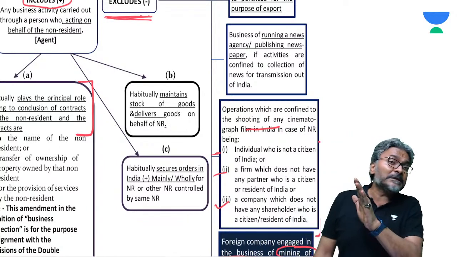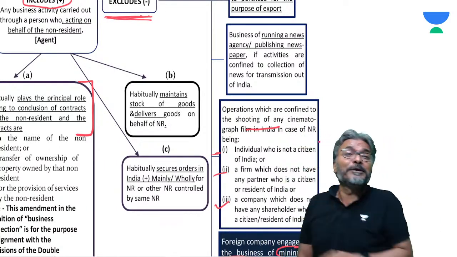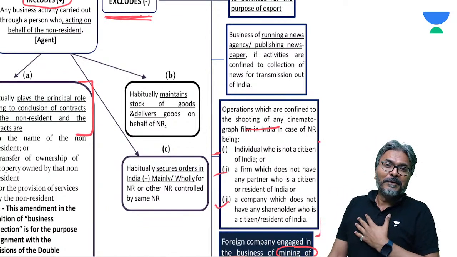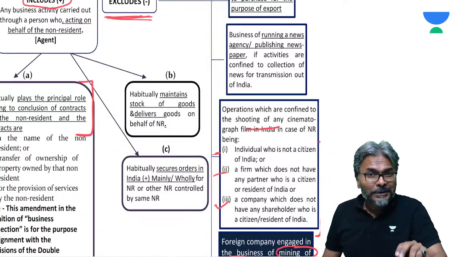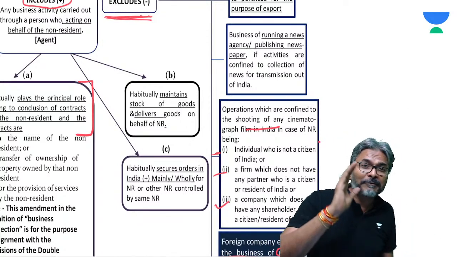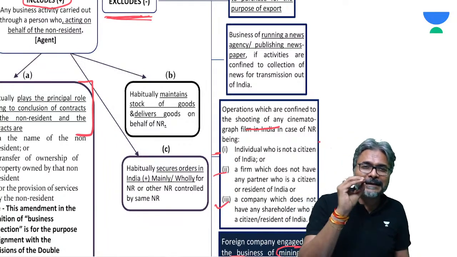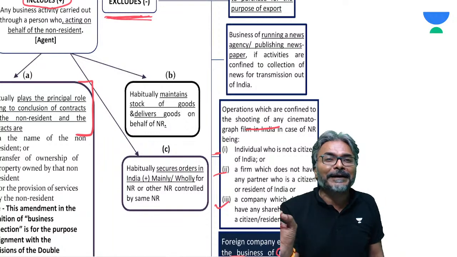And if he is found to play a principal role on behalf of the non-resident, because of which it leads to the conclusion of the contract in India, then we can say that, students, yes, it gives rise to a business connection in India.